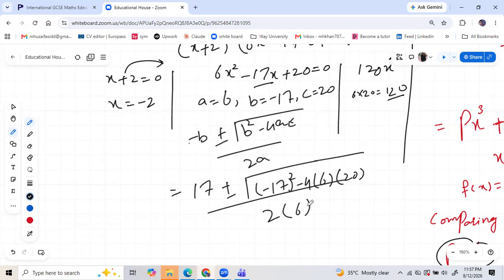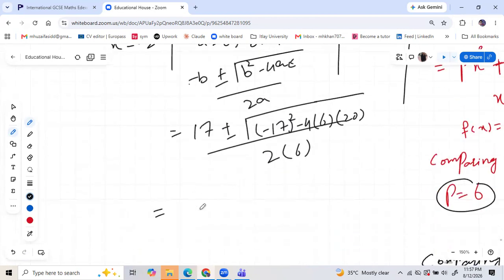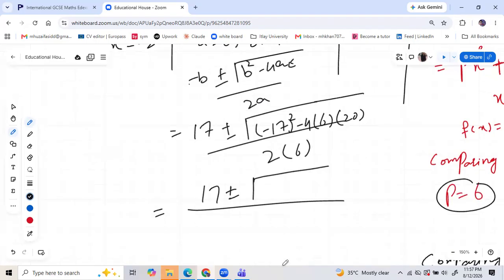This is 6, and you can solve it with the help of a calculator. This is 17 plus minus, minus 17 square. Can you check it, please, with the help of calculator? Minus 17 square is what? No, just give me a second.